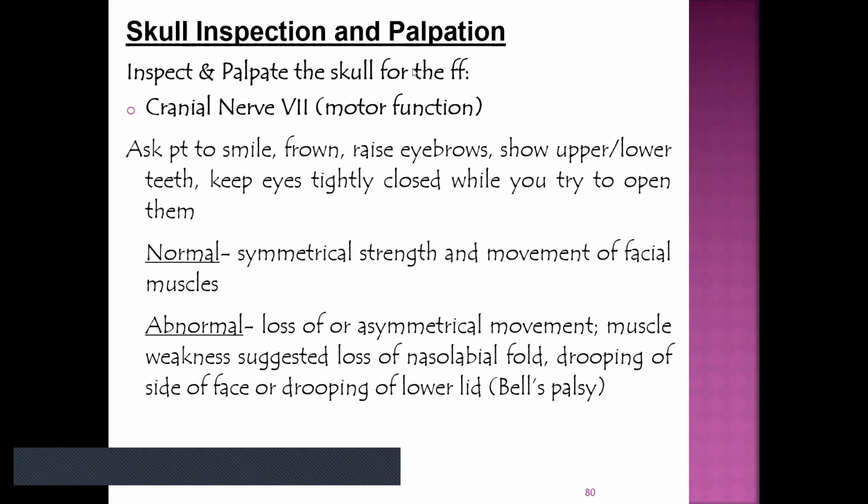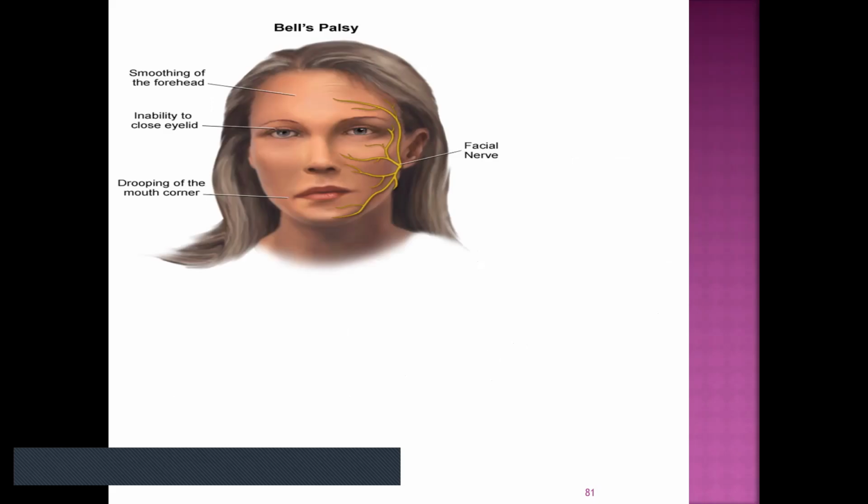So, we'll just watch a video on how to do the inspection and palpation. Now, this is an example of a person who has Bell's palsy. In a person with Bell's palsy, there is smoothening of the forehead and inability to close the eyelid. It droops, and it is really difficult, as if you have very thick eyelashes, so you can't open your eyes.